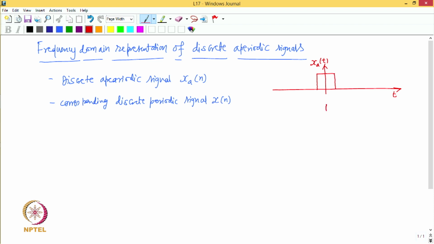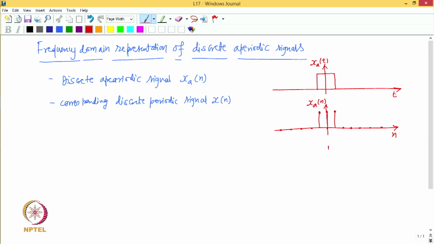Now the corresponding discrete signal, which we are going to call xa[n], is obtained by sampling it, and let us say there are 3 samples representing this pulse, like this. So this is the corresponding discrete signal, which is now the aperiodic signal, and we are interested to find the frequency domain representation of this signal.